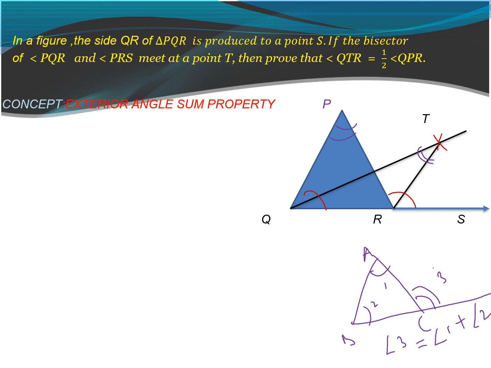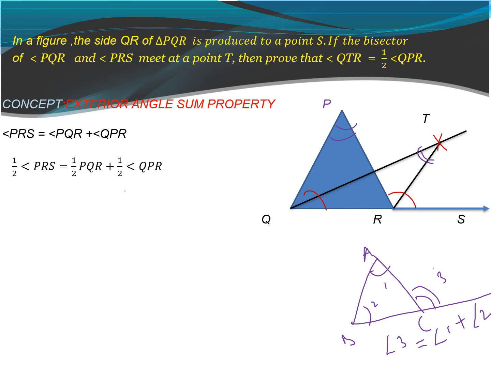This is the concept that we are going to use for proving this question. So we take triangle PQR, where PRS is an exterior angle. So angle PRS will be equal to angle PQR plus angle QPR.